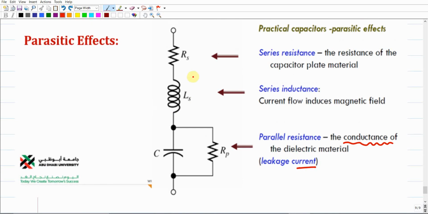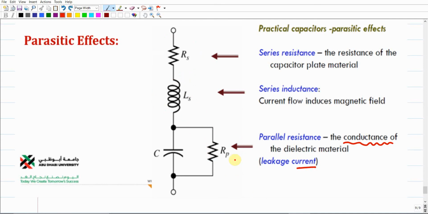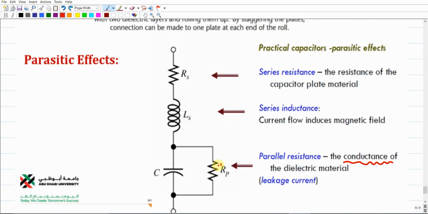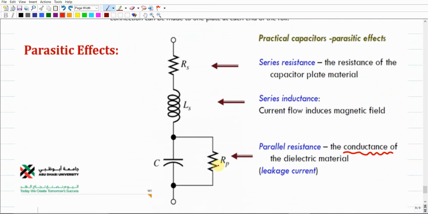But as we said, this R, this LS, this RP, all of these other resistances and inductors, their effects are very negligible. These other effects, the magnetic field, the resistance of the dielectric material, the resistance of the metallic material, are all together known as the parasitic effects.